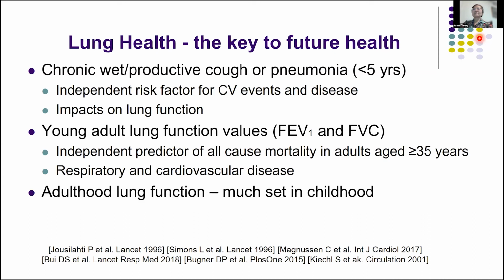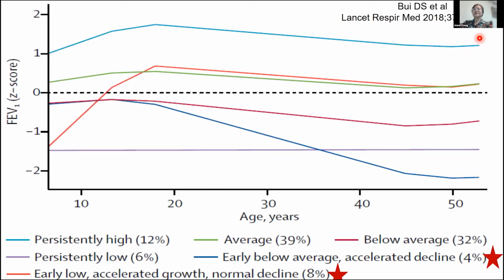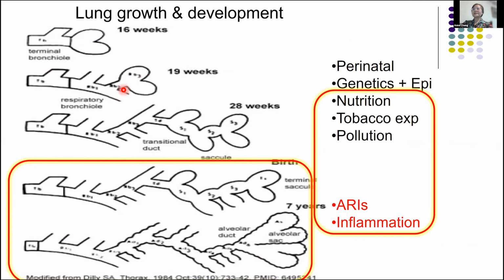Adulthood lung function is largely set in childhood, but remember that you can alter some in childhood, shown by this orange trajectory here. Biological plausibility: it's the respiratory infection and inflammation that inhibits this lung growth.